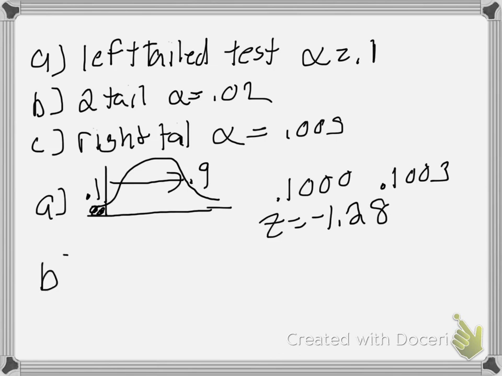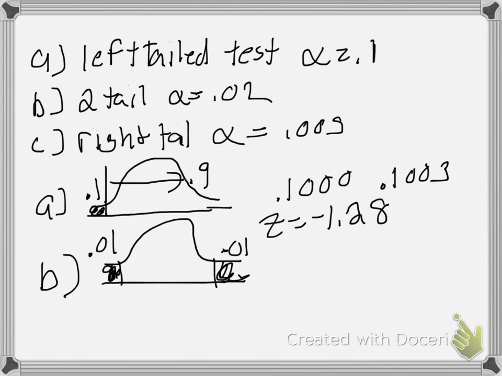For part B, we have a two-tail test where alpha equals 0.02. So what are we going to do? We're going to draw this, and now we have two tails. Each of these tails has to cover half of that 0.02, so this is going to be 0.01, and this is going to be 0.01. And we're going to have 0.98 in between. So if I have a two-tail 0.01, I am looking for the number that's closest to 0.0100.